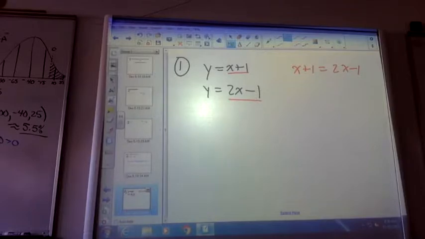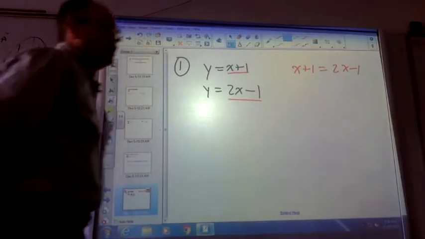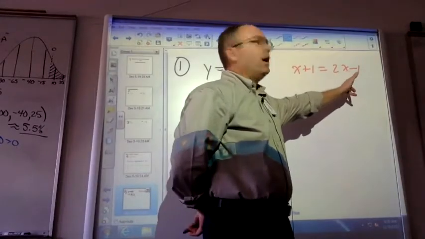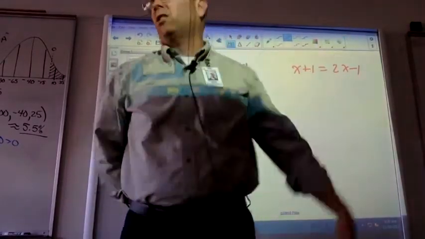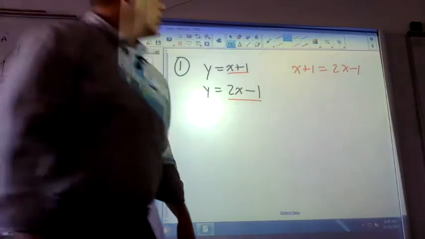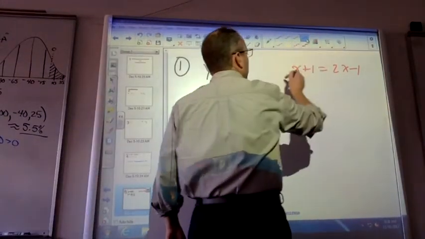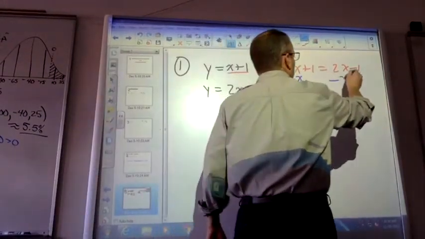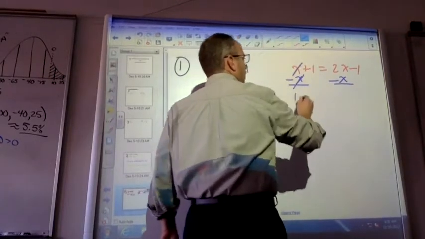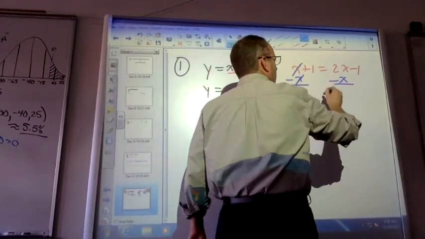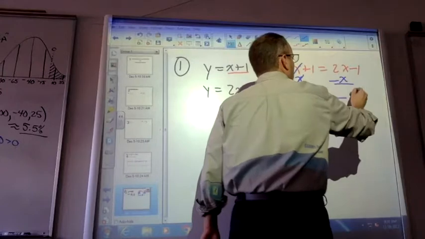I want to get x on one side and all the numbers on the other side. Does it matter which side x is on? Nope. So let's start solving it. That cancels that, which gives me this. 2x minus x is x, minus 1.